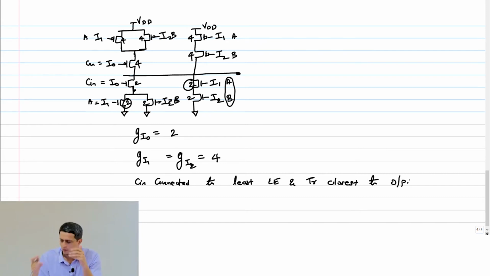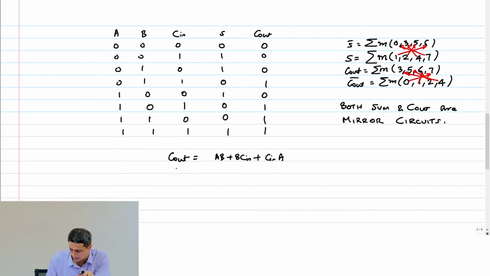Okay, now let's come to the sum generation part. What is sum expression? A XOR B XOR Cin. Now can you expand this? And if you were to implement this in static CMOS logic in terms of A, B and Cin, how complex do you think that circuit would be? Just as an exercise, let's first write out this expression, right?